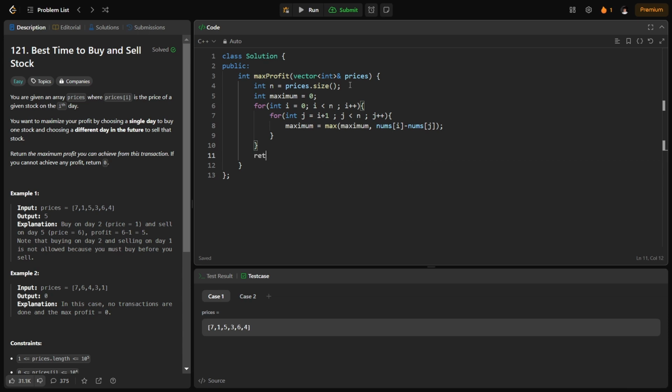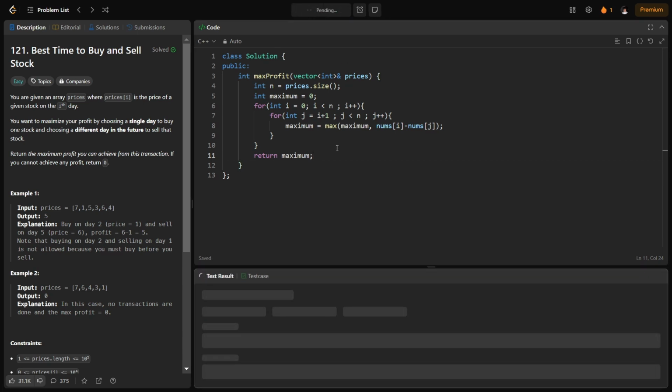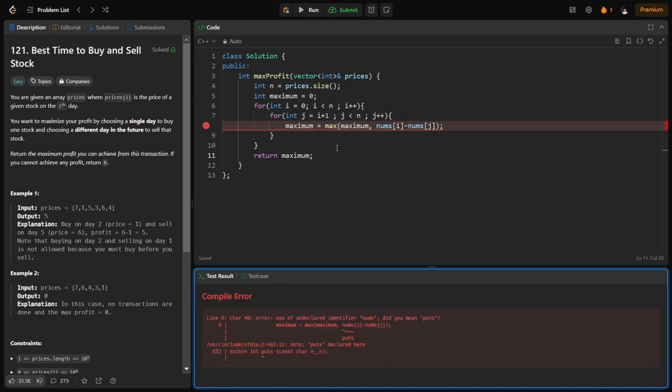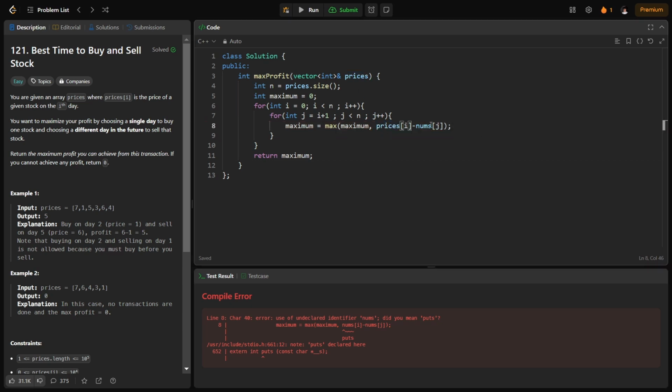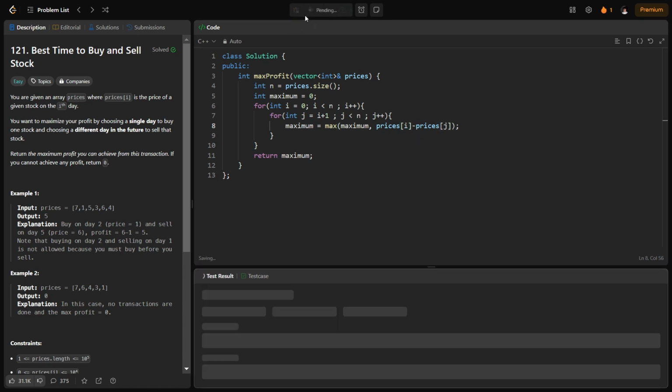And in the end, return maximum. I think that should do the job. Let's just see if this is working correctly. Not nums but prices. On LeetCode, they generally give the array as nums, so it's my habit.